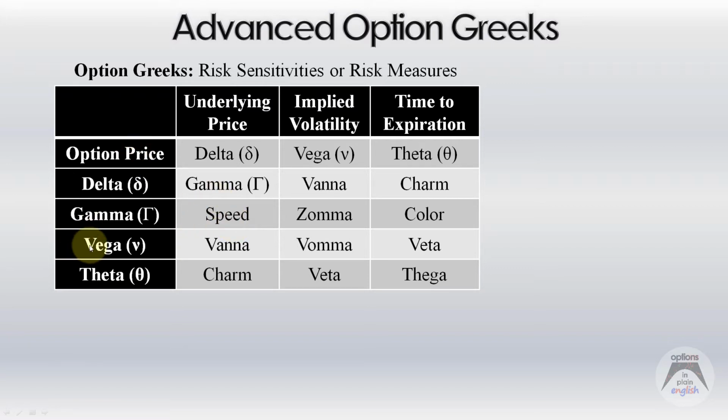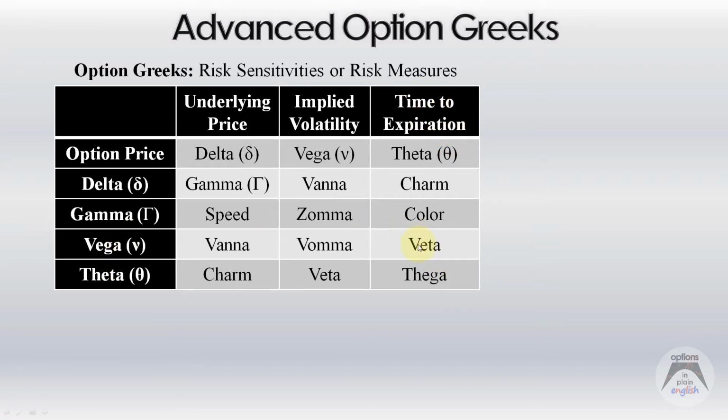If we look at Vega, which measures how much the option price changes with implied volatility, Vega itself also changes. How much Vega changes with the underlying price is called Vanna, and how much Vega changes with the implied volatility is called Vomma. How much Vega changes with time to expiration is called Veta.